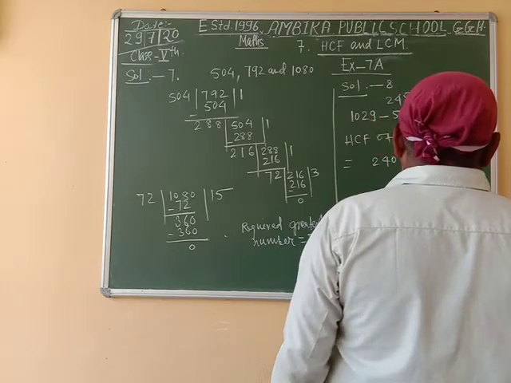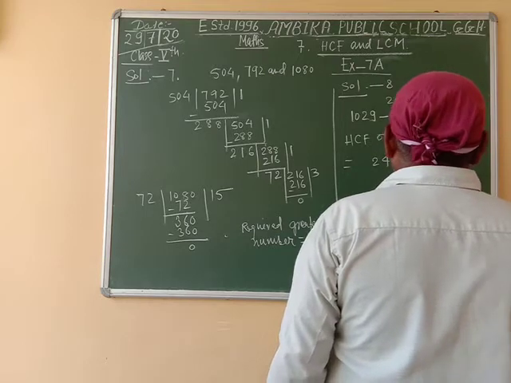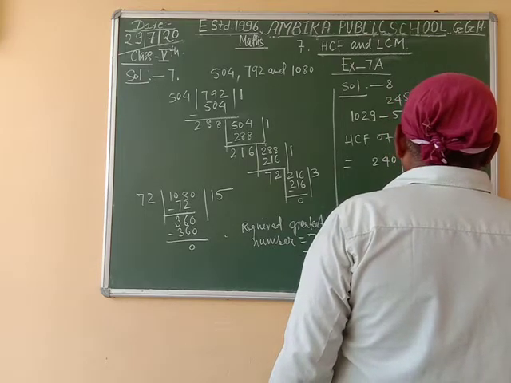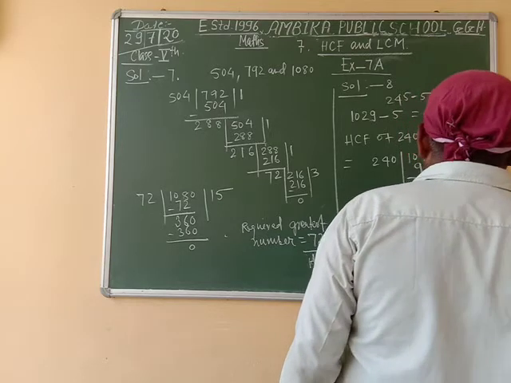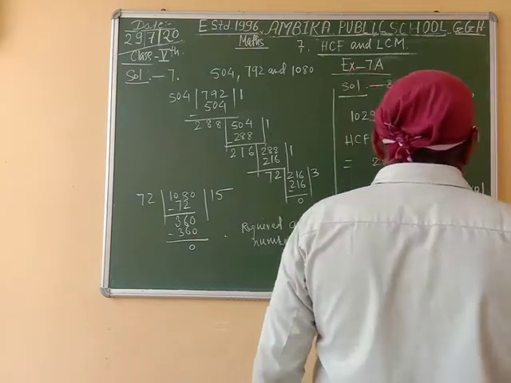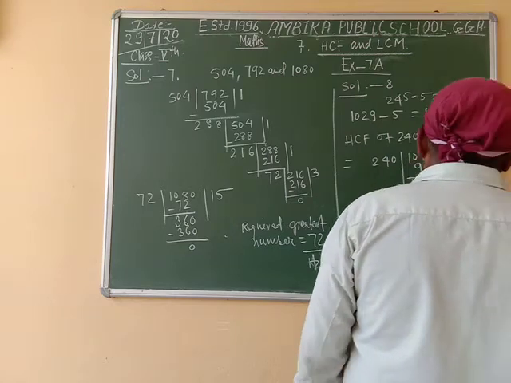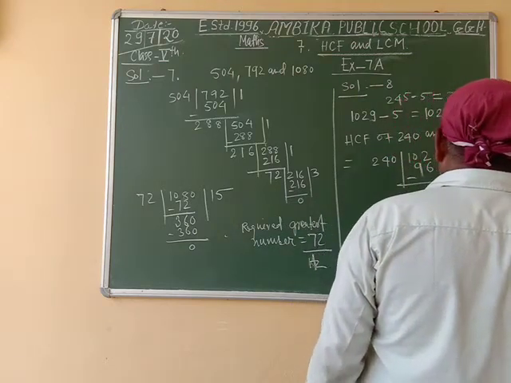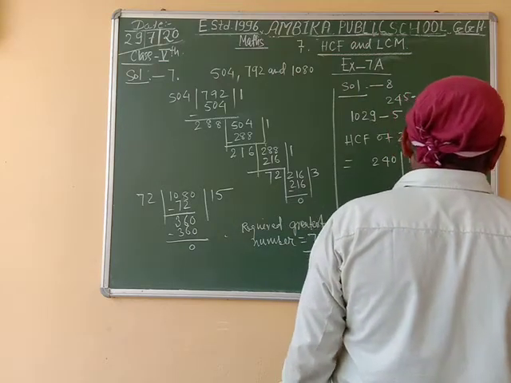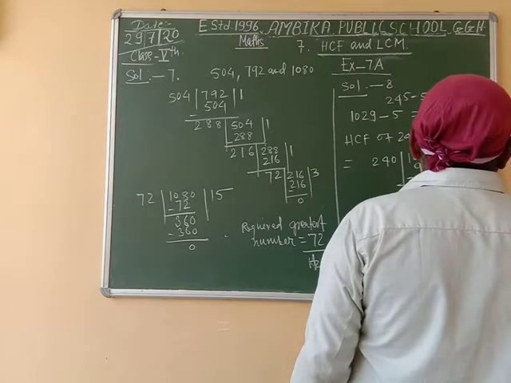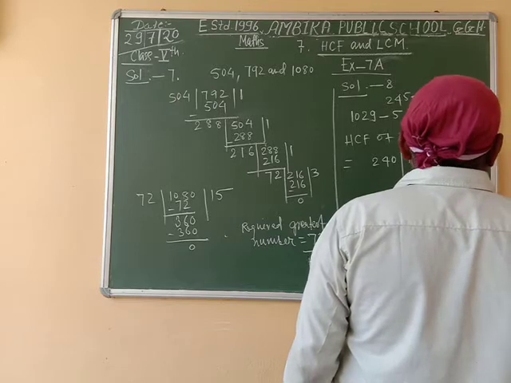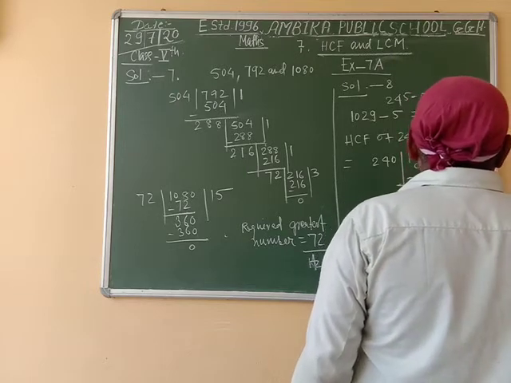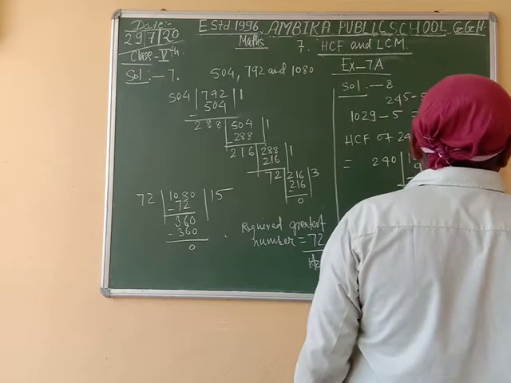And again we divide 240 by 64. 64 goes 3 times in 240.